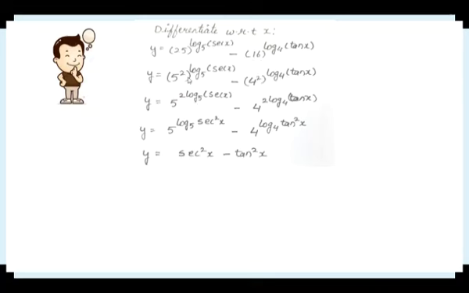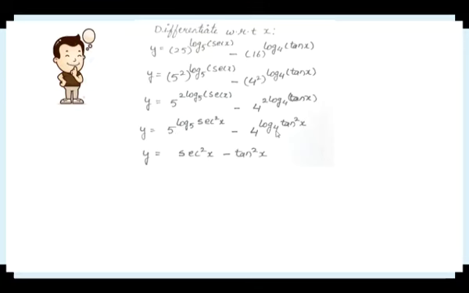So I have taken this to the coefficient. So I can write y equal to 5 raised to 2 log sec x to the base 5 minus 4 raised to 2 log tan x to the base 4. So whatever I have here as 2, I can take as the power. So I can write this as y equal to 5 raised to log of sec square x to the base 5 minus 4 raised to log tan square x to the base 4.